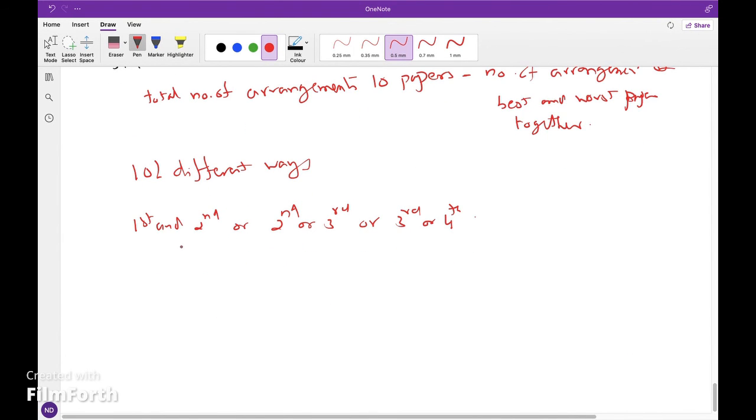Now remaining 8 individual papers are considered in 8 different ways. Now there are total 9 groups.